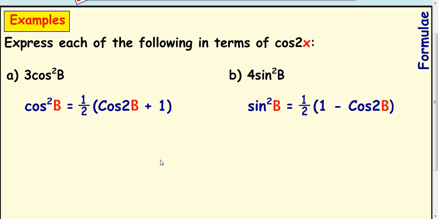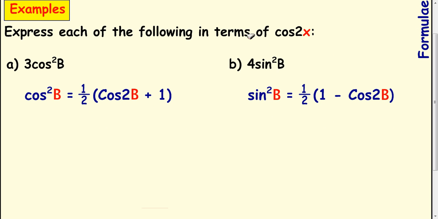Okay, last two examples. Express each of the following in terms of cos 2x. So that really means we don't want the cos squared beta there, we want to rearrange it so there's no longer a cos squared. We can rearrange from the formula sheet again to say that cos squared beta is equal to a half cos 2 beta plus 1. And then all we do is multiply by 3, because there's a 3 in the front.